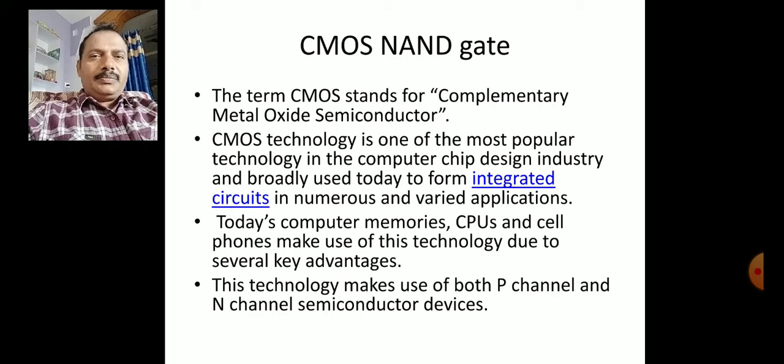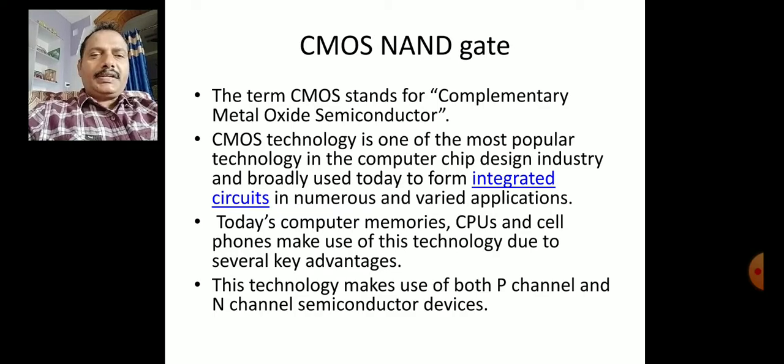So the term CMOS stands for complementary metal oxide semiconductor, hence CMOS. CMOS technology is one of the most popular technologies in the computer chip design industry and is broadly used today to form integrated circuits in numerous and varied applications.